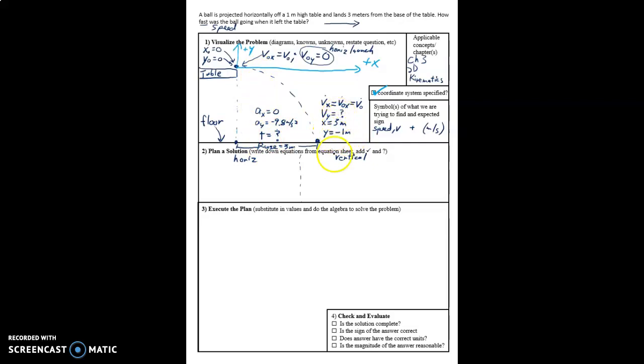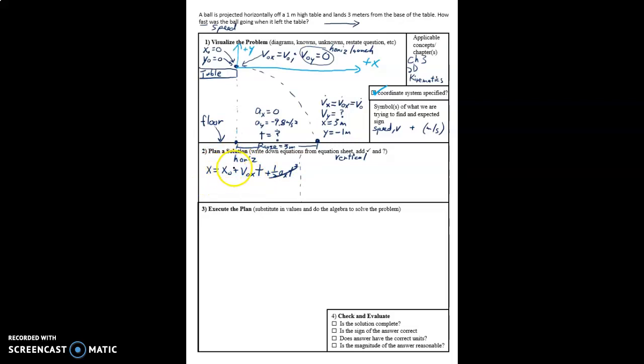All right. I like to split these up into the horizontal equations that I put over here and the vertical equations over here. Remember, in the horizontal direction, the only equation from your equation sheet that's going to be useful for projectile motion is this one. And we know ax is 0, so it simplifies down to this.